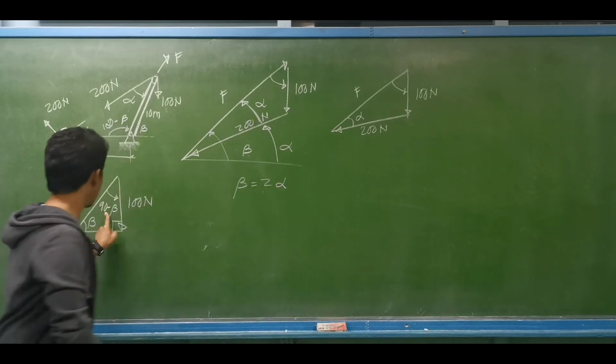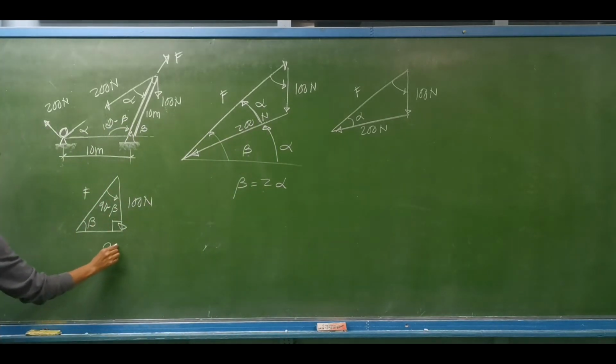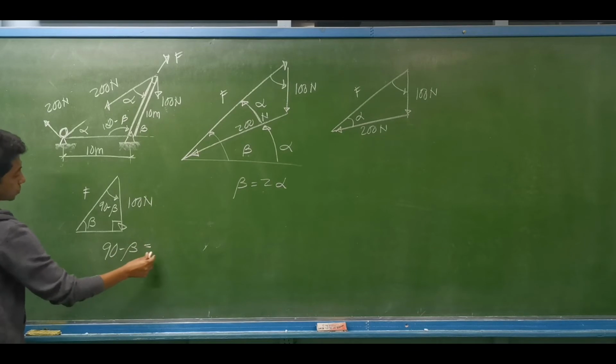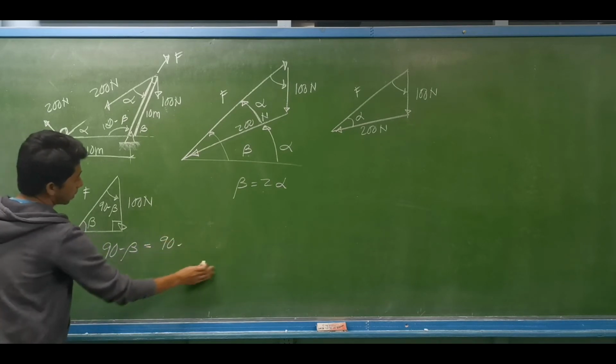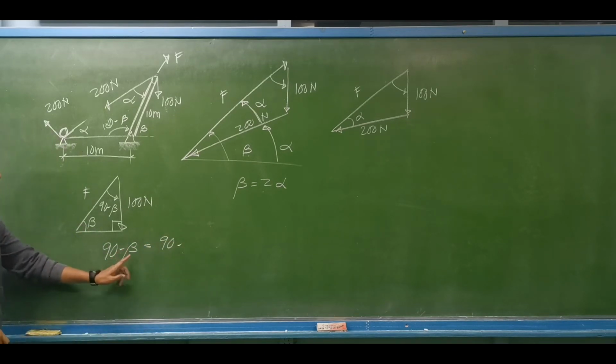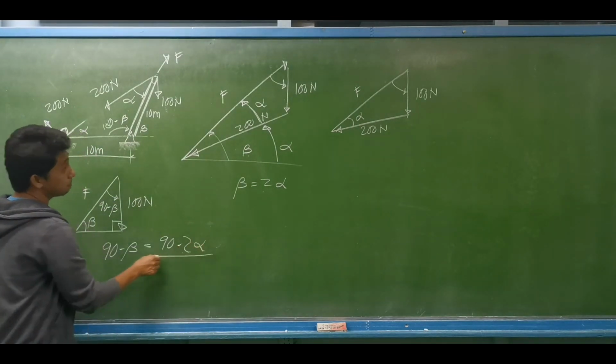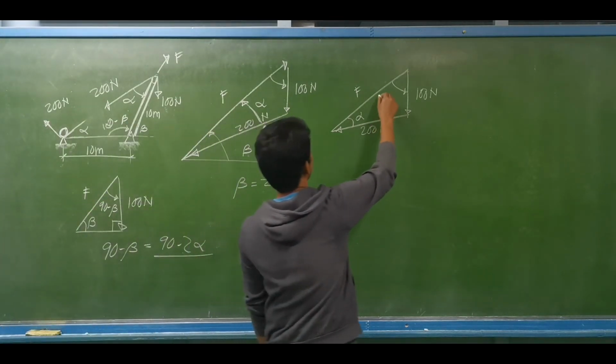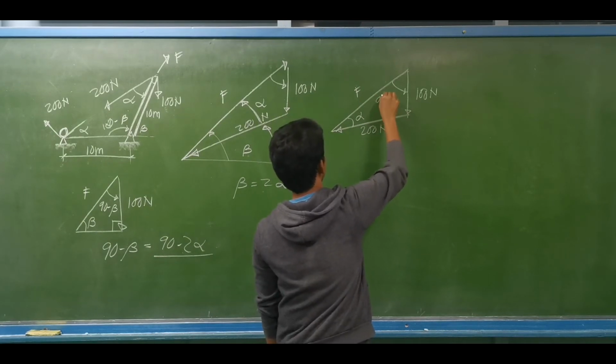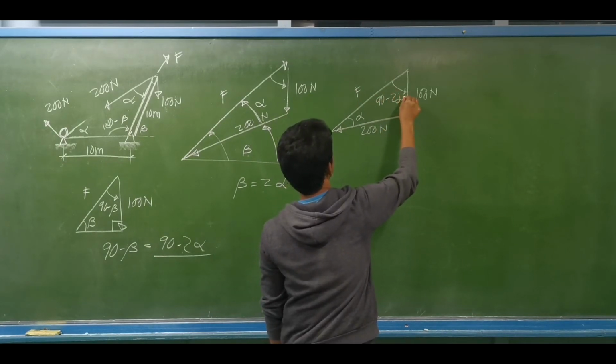But what is the equivalent of 90 minus beta? The equivalent of beta is twice of alpha. So this angle is the same as 90 minus twice of alpha.